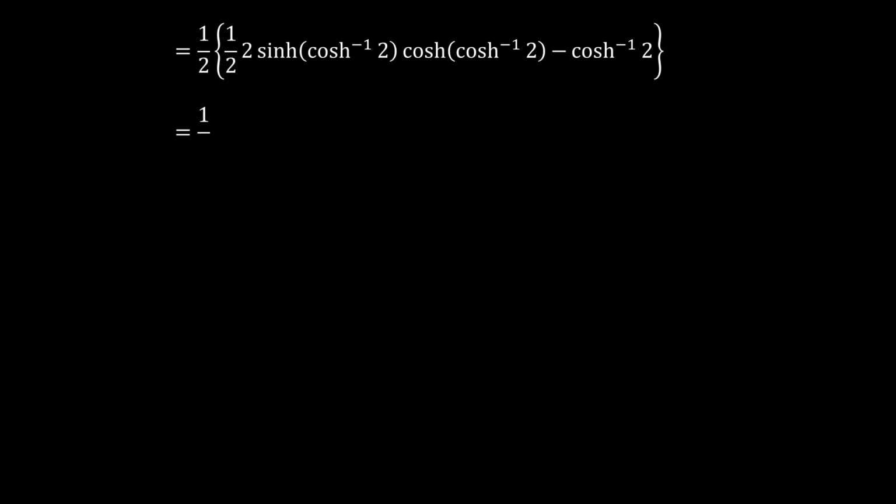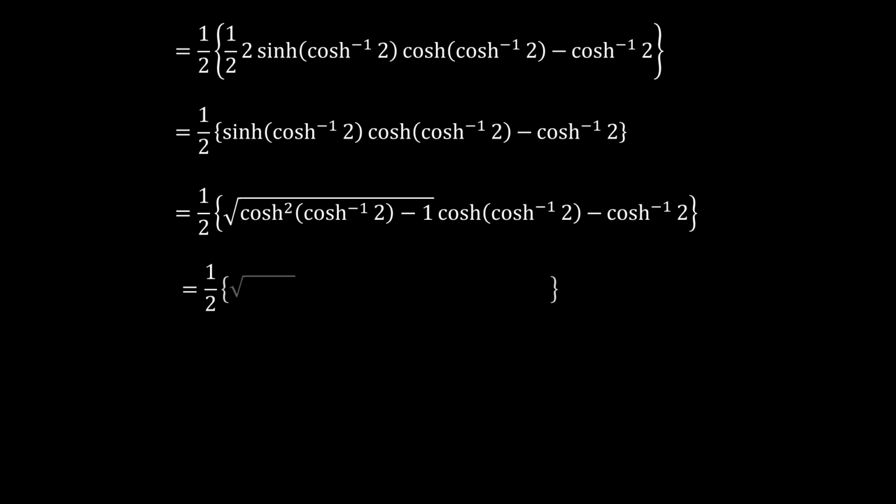Using the elementary relationship that we had shown, sinh is the same as the square root of cosh squared minus 1, and so substituting it there, we have 2 squared, which is 4, minus 1, so this becomes the square root of 3.